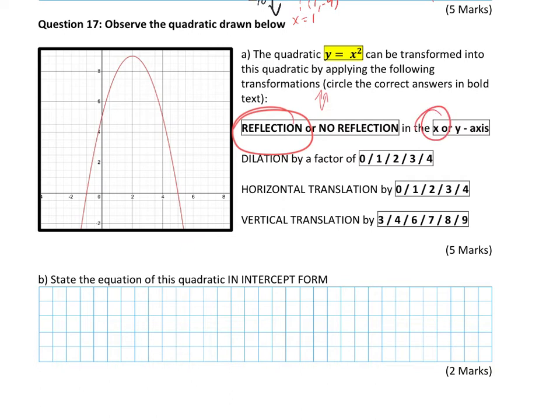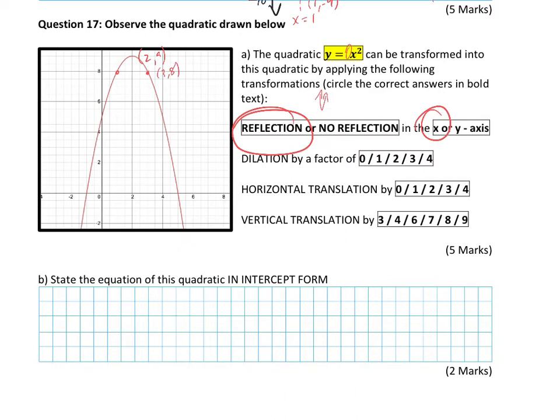Dilation by a factor of 0, 1, 2, 3, or 4. If I dilated by a factor of 0, I'd be multiplying that by 0. There wouldn't be anything. Now, if I look at this, that is at 2, 9. It went down to here. So that's at 3, 8.